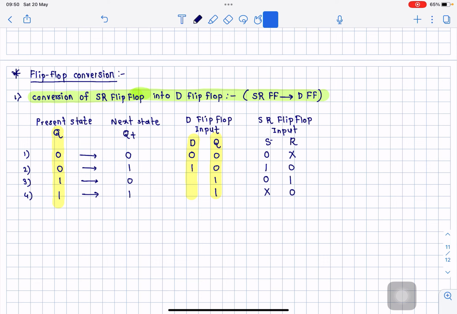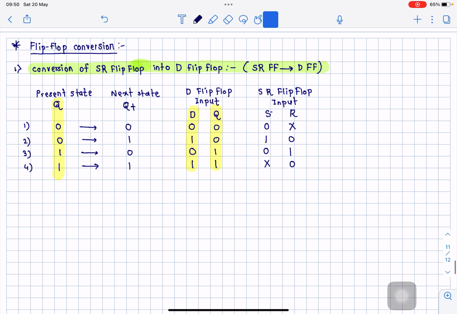Similarly the third step, present state is 1, next state is 0, then what input you need to give at the D input? That is 0, right? Present state is 1, next state is also 1. So for that you need to give D equal to 1. So this is how we constructed the table for converting one flip-flop into another flip-flop.